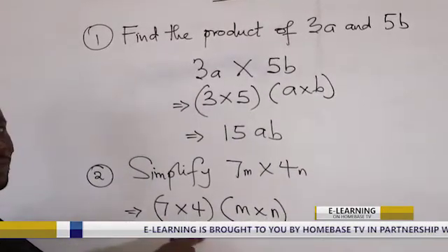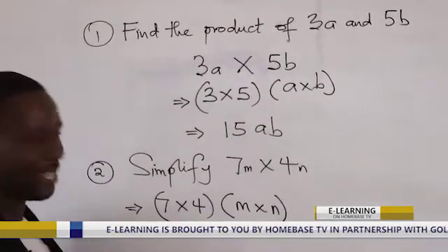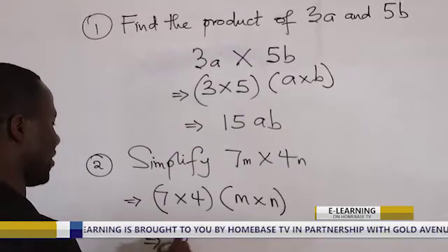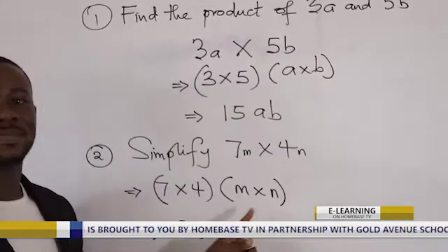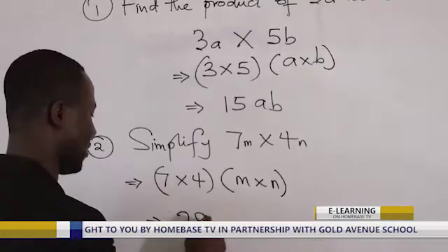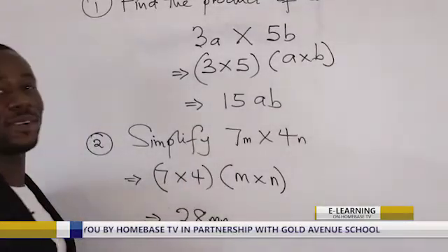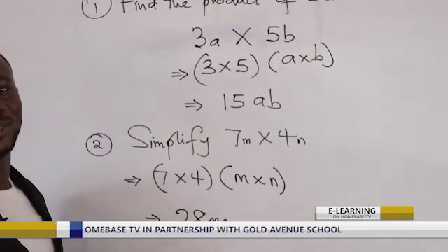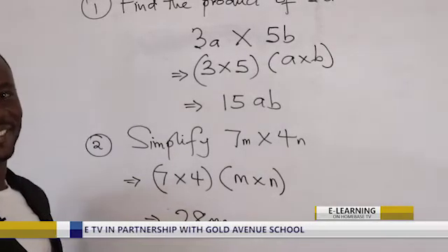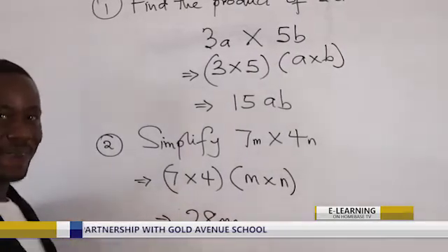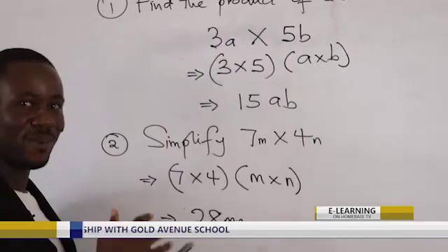Seven times 4, you all know is 28, easily. m times n, mn. We are done. So easy. Number by number, variable by variable.